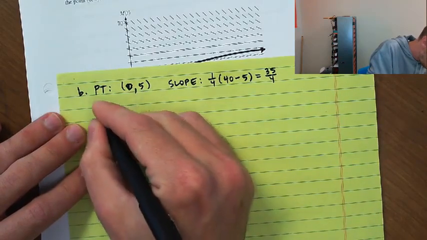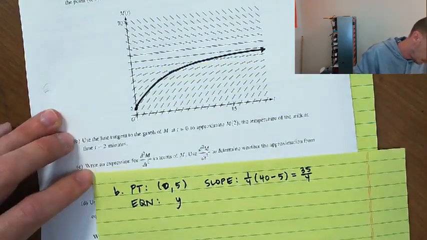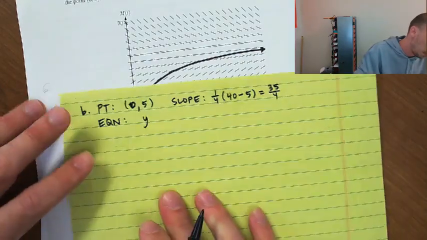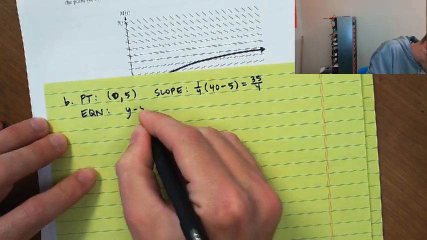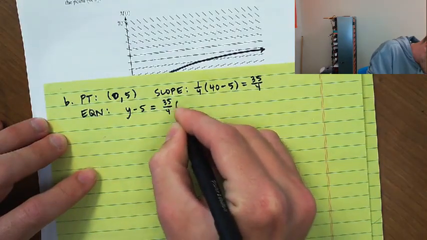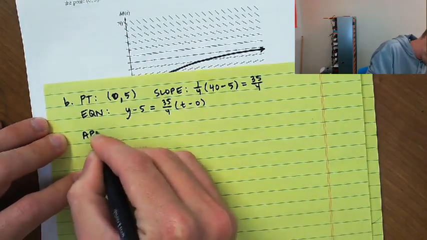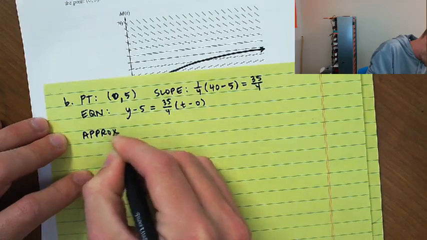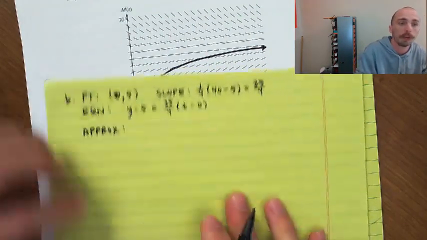And then I can write down an equation. Use the line tangent to the graph of M, so we're just going to say y equals M of t. So y minus 5 equals the slope times t minus 0. Then for my approximation, I just plug in t equals 2, because that's what they want to estimate: the temperature of the milk in 2 minutes.